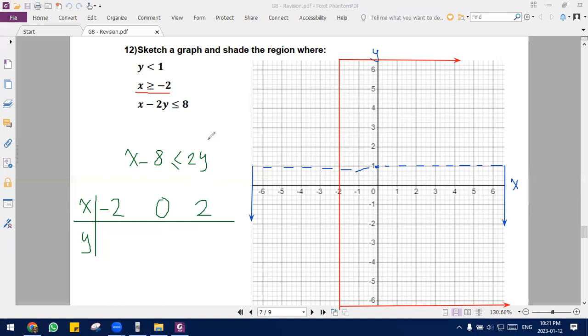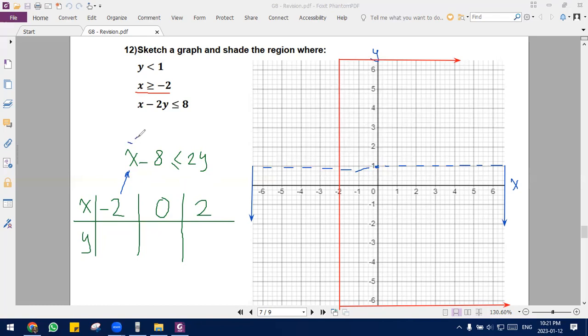Now I need to find the y value. How? As we said, x is from my mind. Now we need to find y. We have to substitute the x value in the equation, as we did in the previous questions. So instead of x, I should put minus 2.